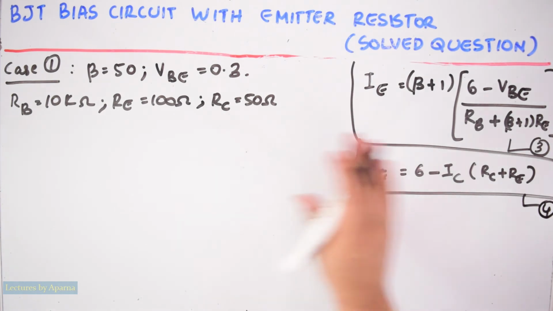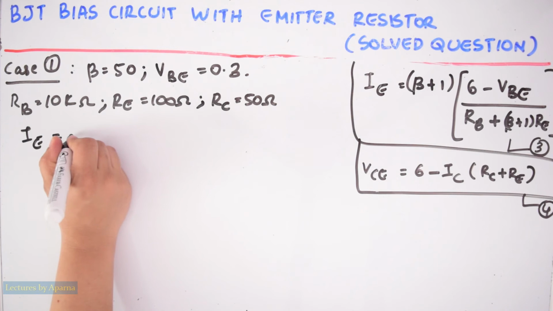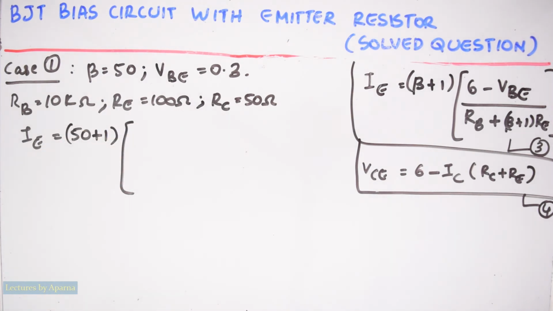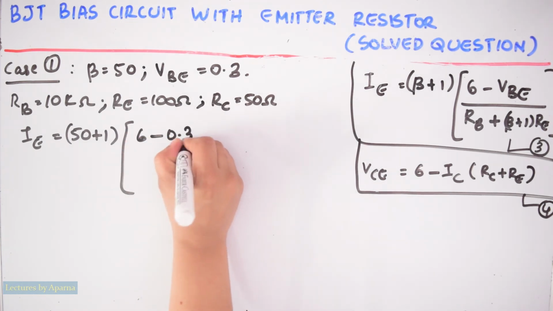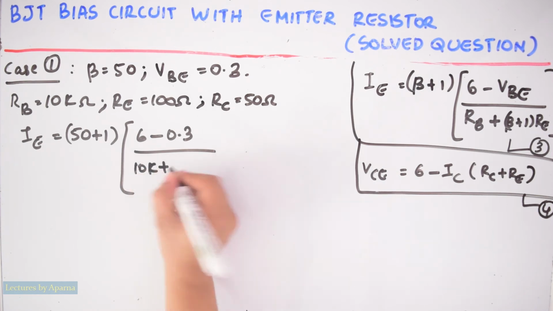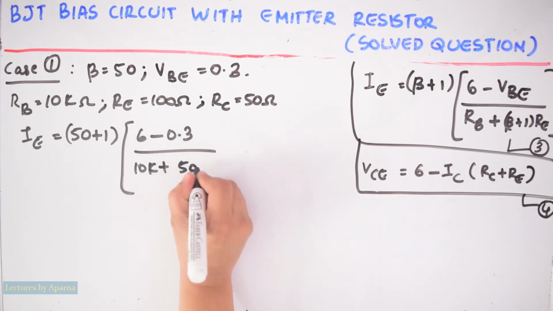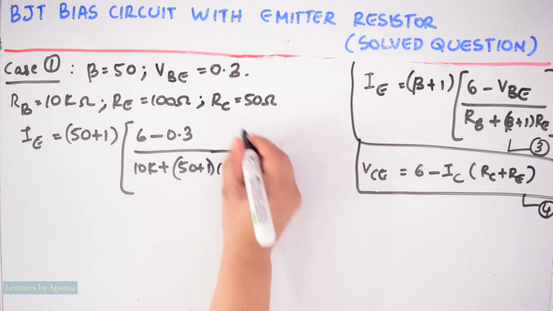Substitute these values in equation 3. We get IE is equal to beta is 50 plus 1 into 6 minus VB is 0.3 divided by RB is 10 kilo ohm plus beta is 50 plus 1 into RE is 100.